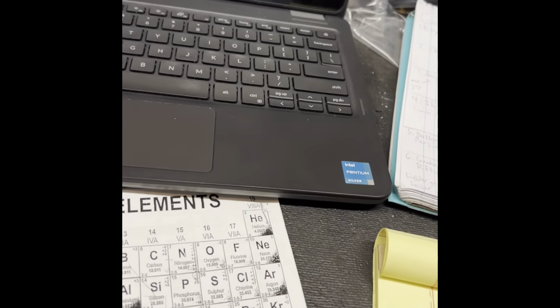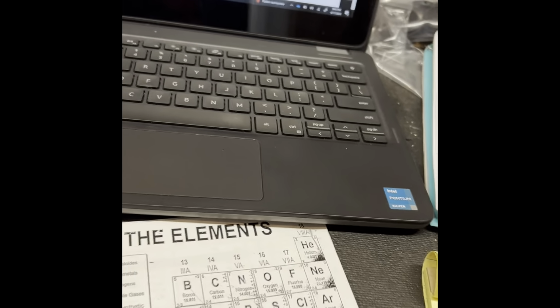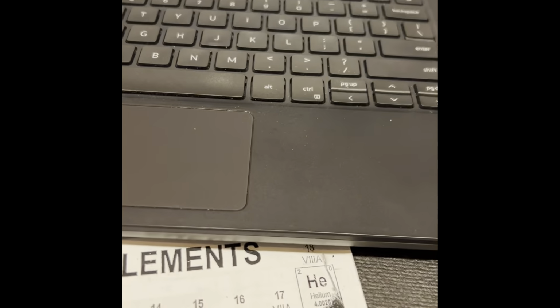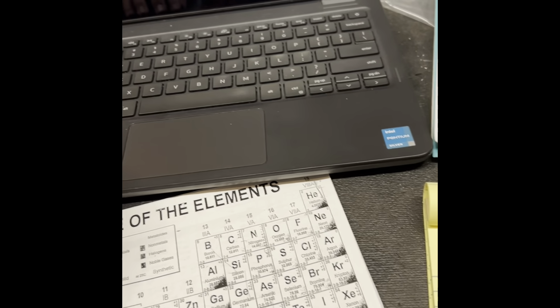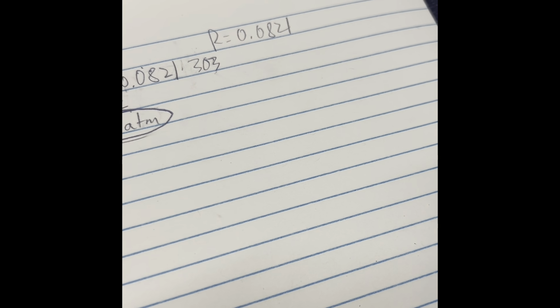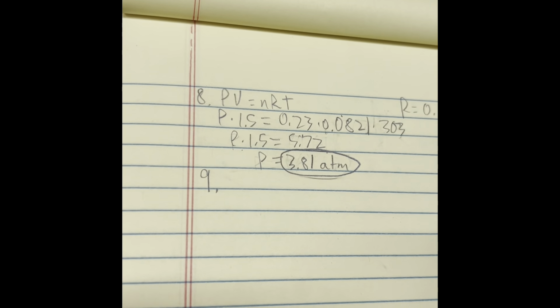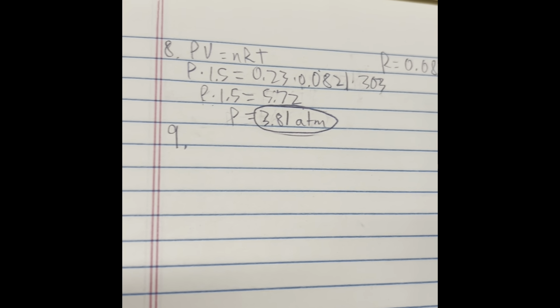Now for number 9. How many grams of chlorine gas occupy a volume of 154 milliliters at 746 torr and 25 degrees Celsius? What is torr? It's a unit of pressure, so I'm just going to use it instead of atm.